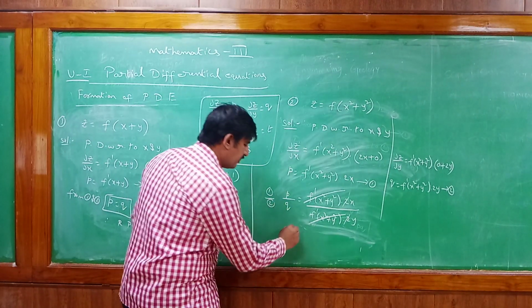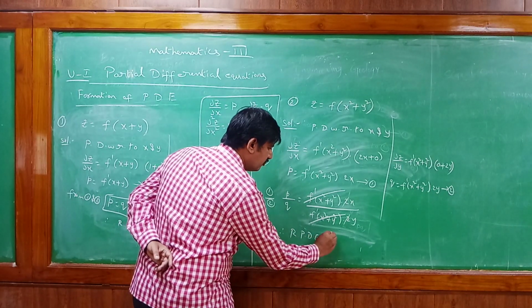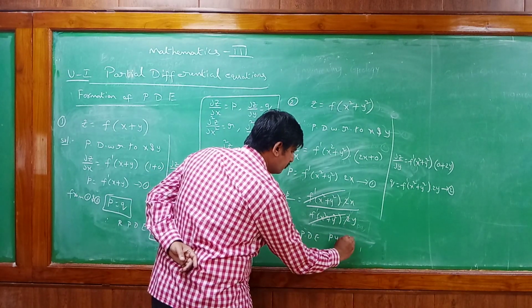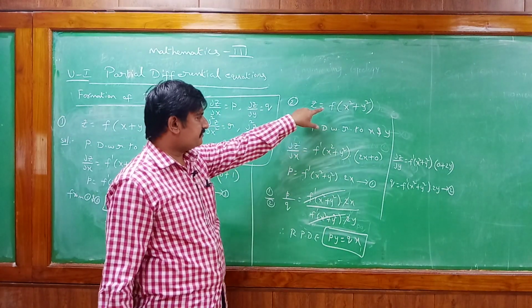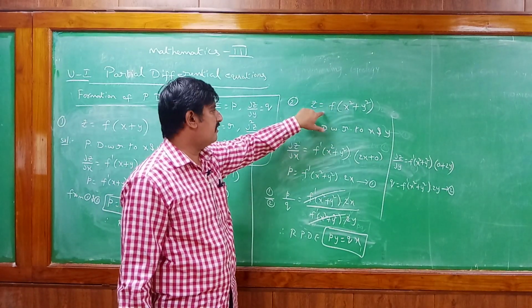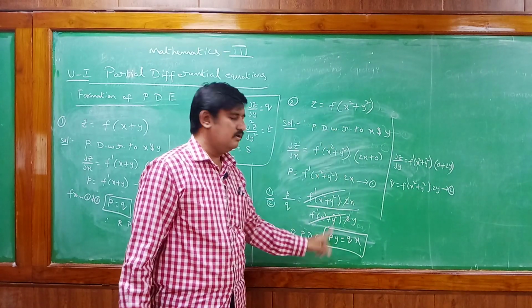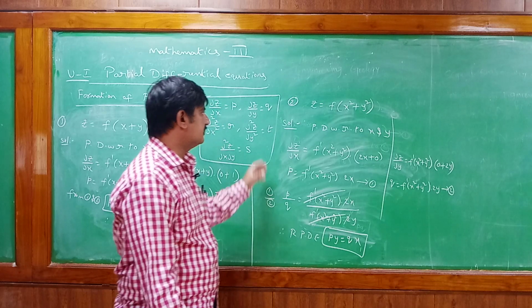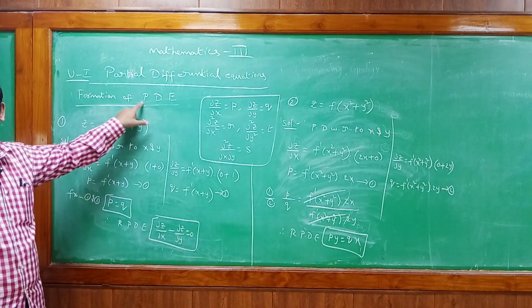Cross multiply, so the required PDE is py equal to qx. So we eliminated the function f of x square plus y square and converted the given equation into a partial differential equation.